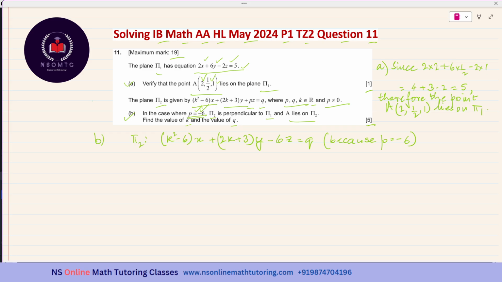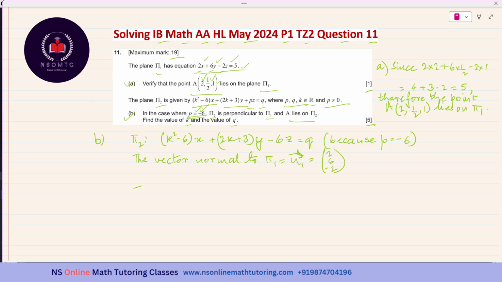Now, since pi2 is perpendicular to pi1, therefore the normal vectors will also be perpendicular to each other. So, the vector normal to pi1, I am naming it as n1, is equal to 2, 6 and minus 2.